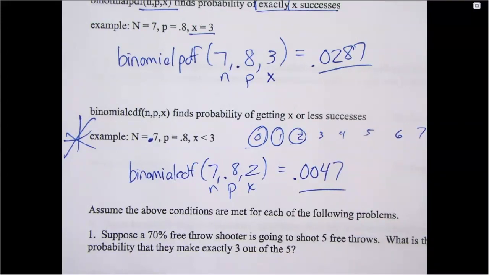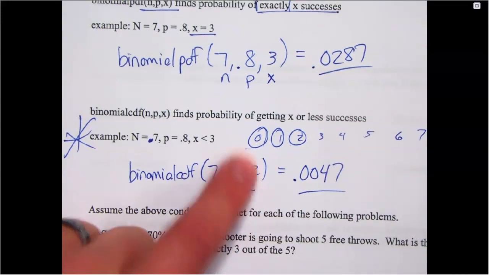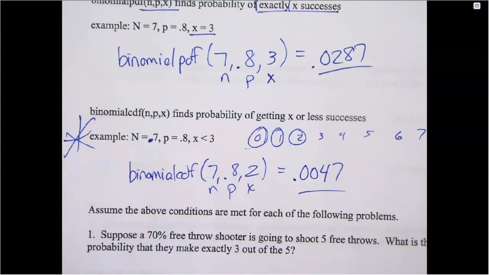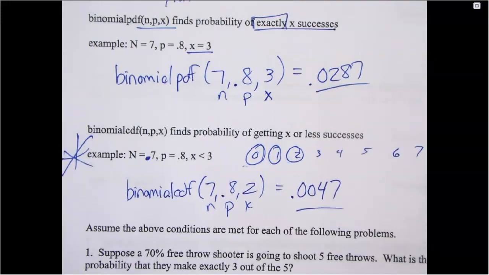So couldn't I do PDF of 0, PDF of 1, and PDF of 2, and then add all 3 of those up? So this is what I mean. You have choices. Some people get confused by the CDF because it's easy to put a 3 here by accident because it's like less than 3. Some people do it both ways. Like if you have time at the test, then you can check it, do it both ways, and make sure they're the same. Questions on it at this point before we start practicing more?